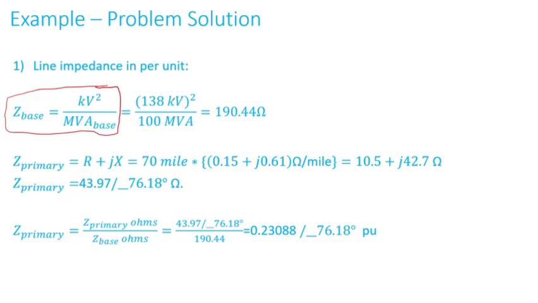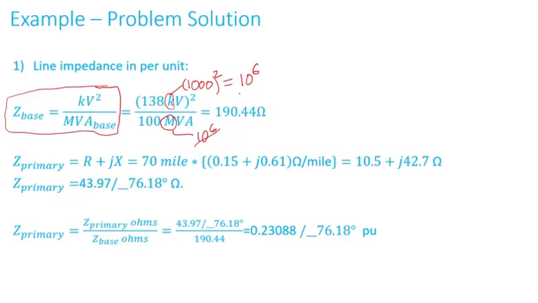And notice when you square, you have kilovolt here, and kilo means 1,000 basically. So if you square that, it becomes 1 million, or 10 to the power of 6. And MVA, it's mega, which is 10 to the 6.